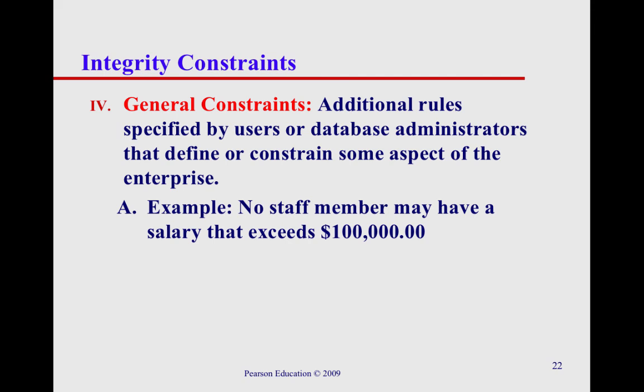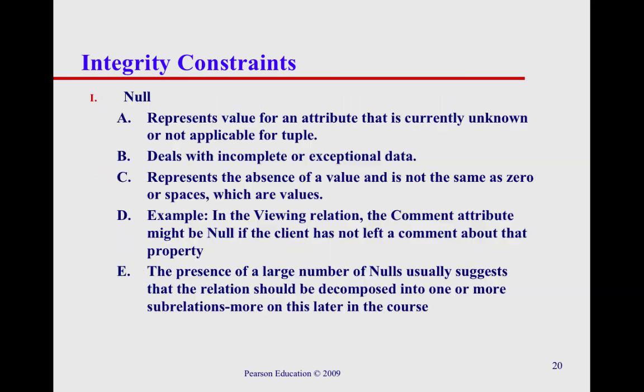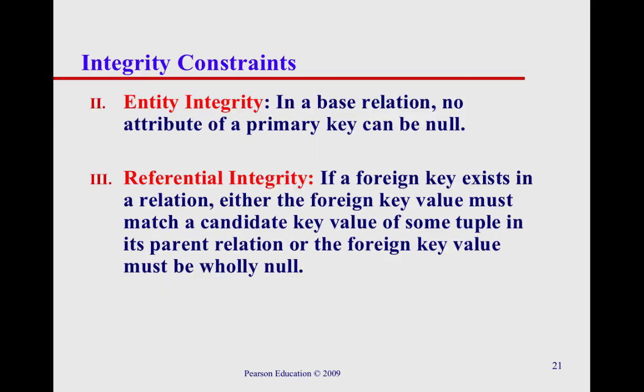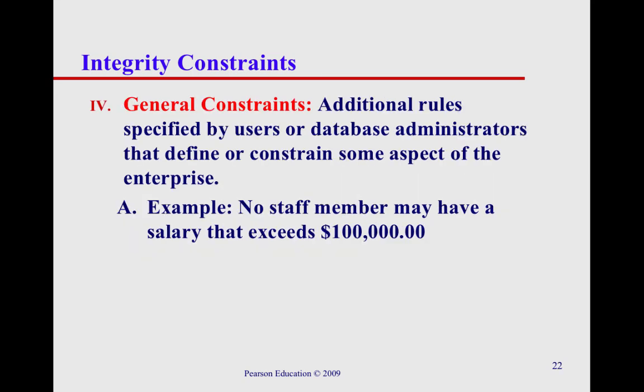So we call those general constraints. Those are additional rules specified by the user or the database administrator. The first three are inherent to the relational model. They are part of the theoretical model. The fourth one is part of it too, but those are user-defined as opposed to being part of the model itself.